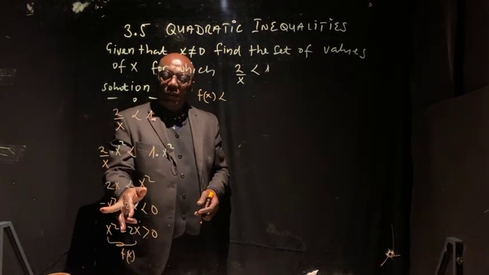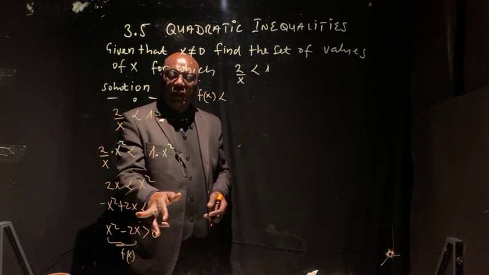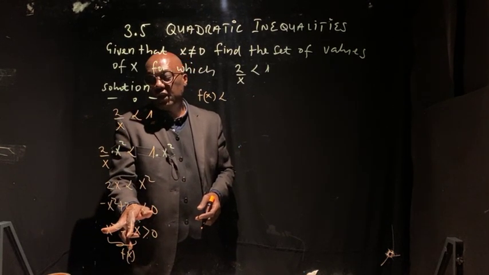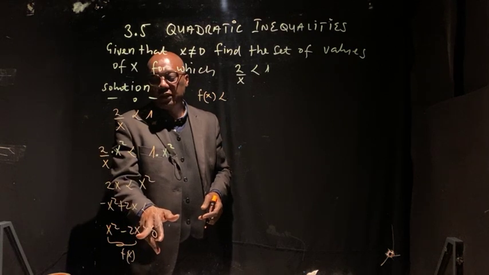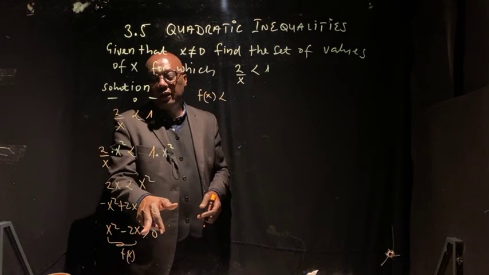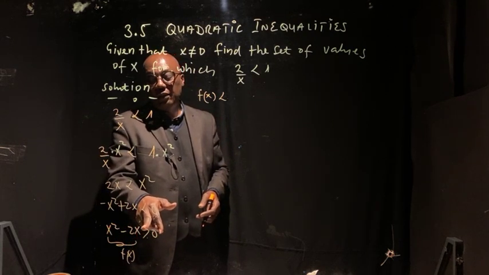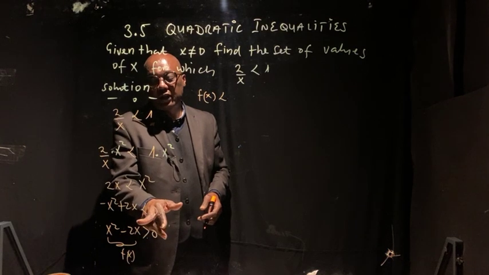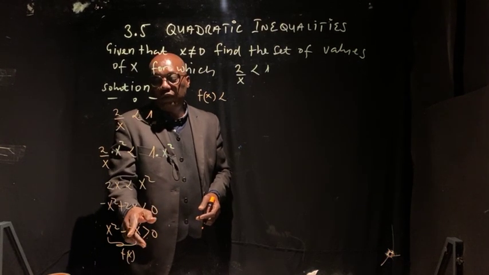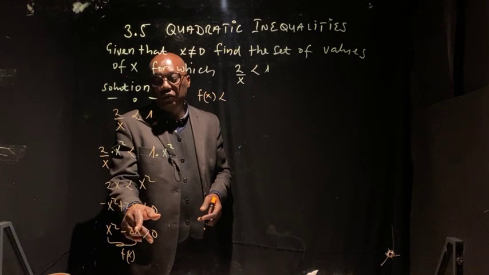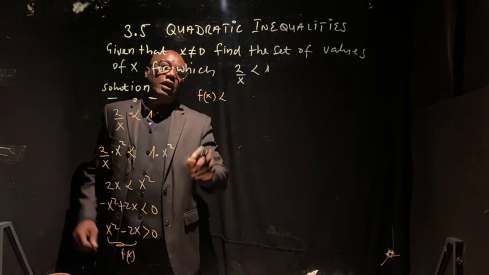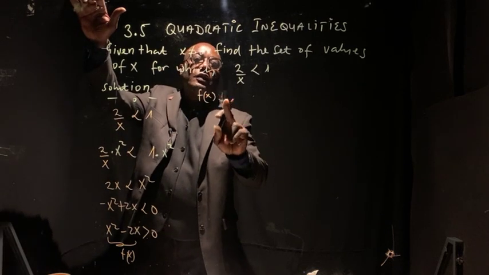If we multiply both sides by negative 1, in that case, the left-hand side becomes x squared minus 2x. Instantly, the less sign changes to greater sign. So we assume that x squared minus 2x is equal to f of x. Then f of x is greater than 0.